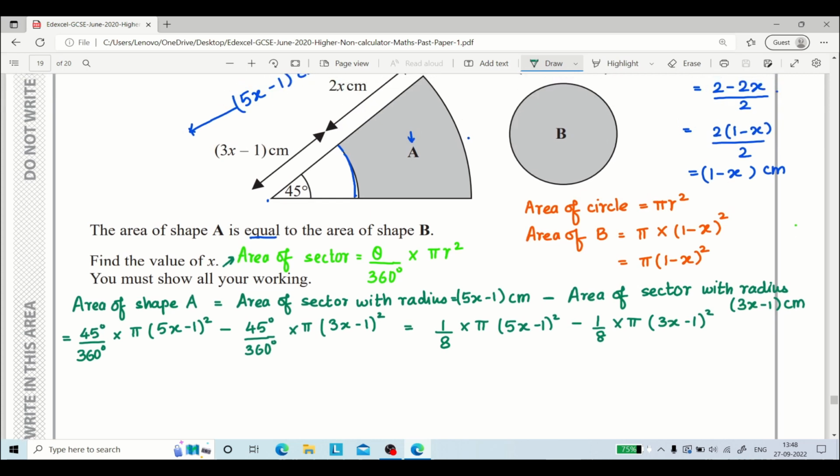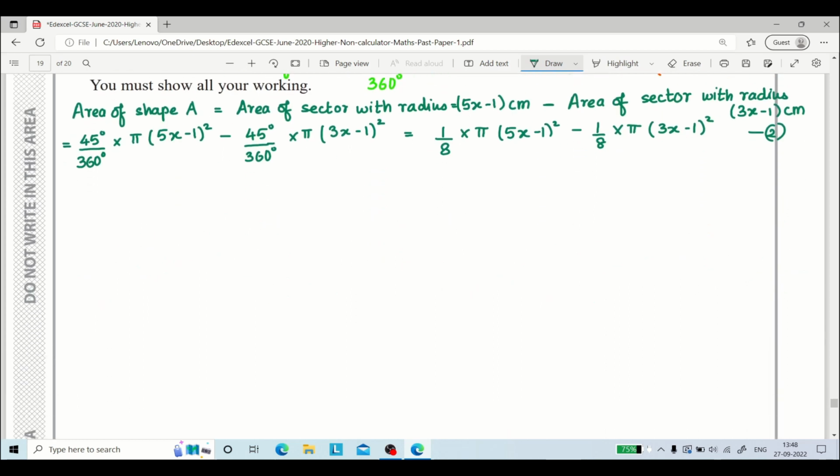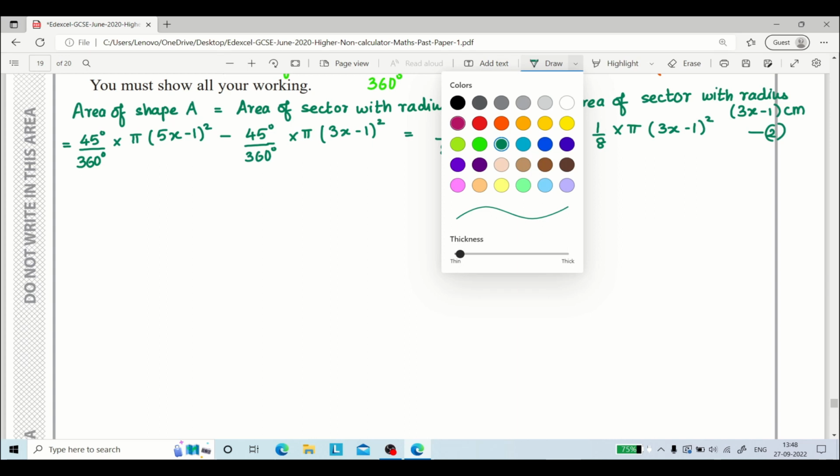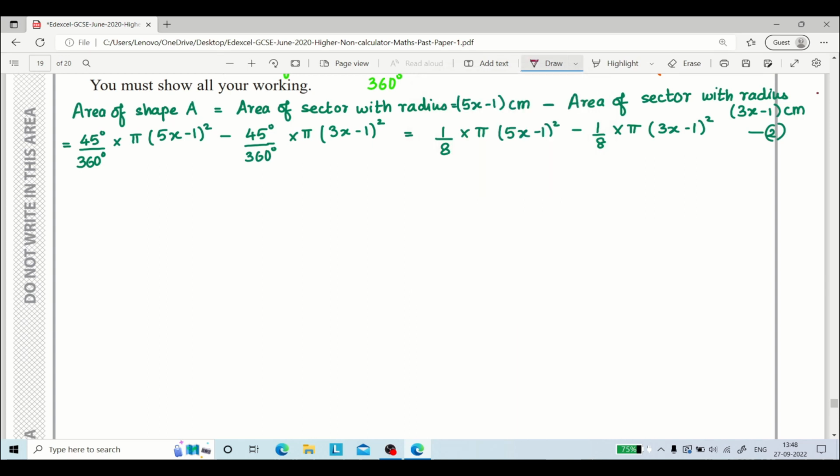That is area of shape A, and this is area of shape B. And what is given to us? Area of shape A is equal to area of shape B. Let's equate this. Let me use a different color in order to distinguish between the parts.